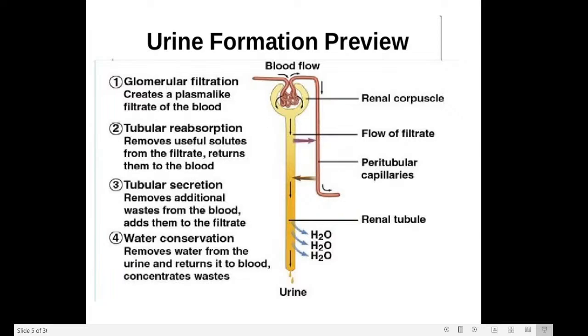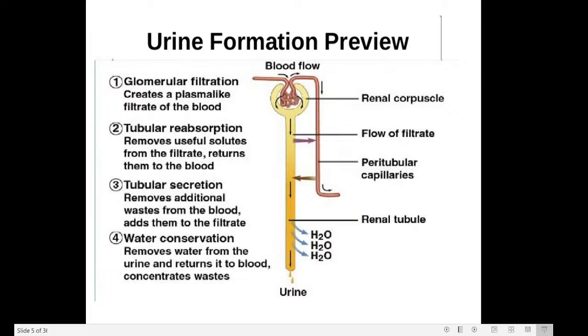That filtrate looks like plasma. The tubule reabsorbs all the useful substances from the filtrate and returns them to the blood, and they are not excreted. It collects all the content and returns it to the blood.